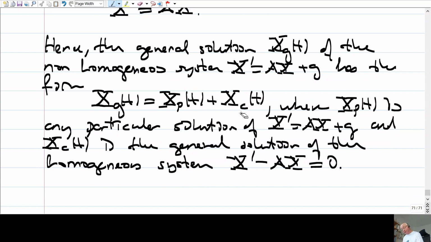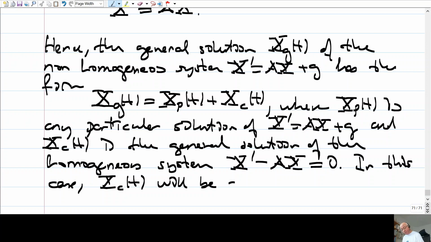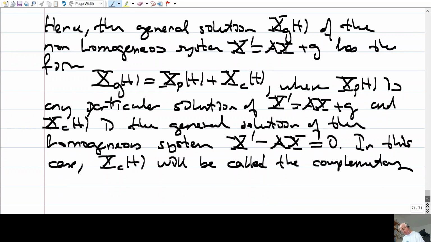Why do I write this C? C stands for the complementary solution. In this case, xc will be called the complementary solution. Okay, it is the general solution of the homogeneous equation.